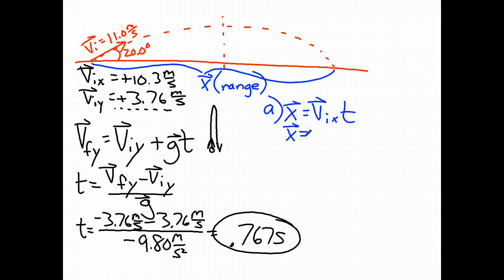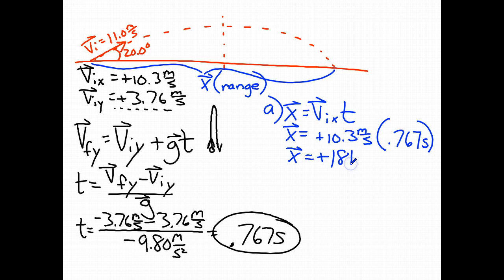So x will be equal to positive 10.3 meters per second times the entire time, 0.767 seconds. When you multiply that out, you will still have 3 significant digits. Your answer will be 7.90 meters, positive, because it's going to the right.